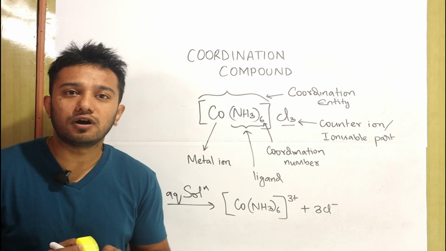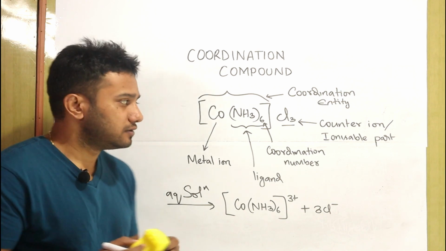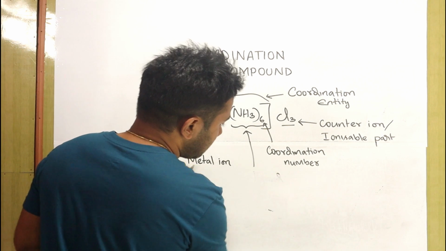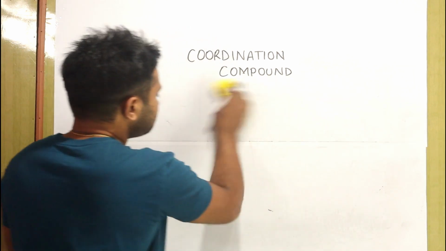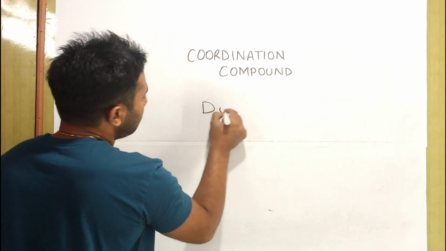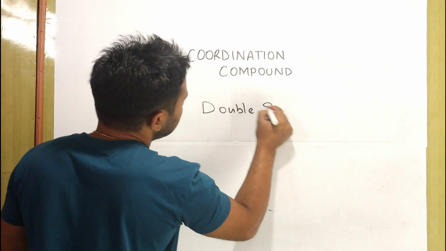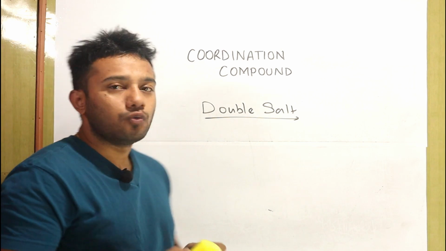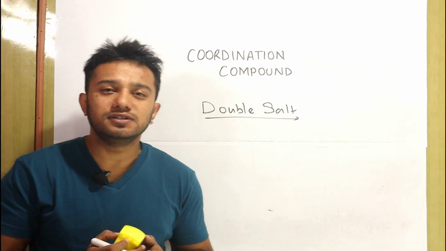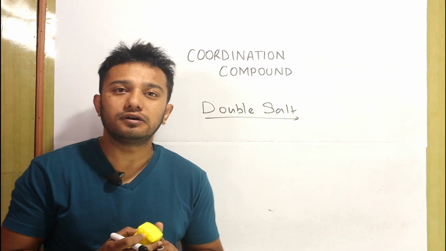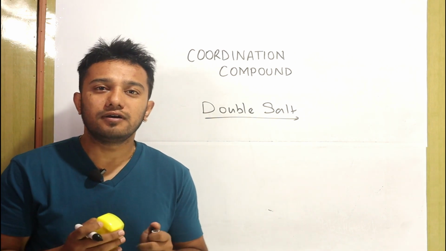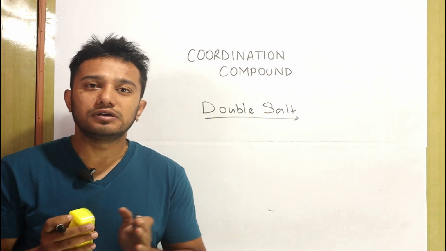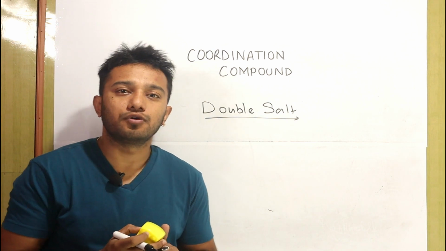There is one more term known as double salt. So what actually is a double salt? Double salts are molecular compounds. They are a mixture of 2 or more salts in an equimolar proportion.